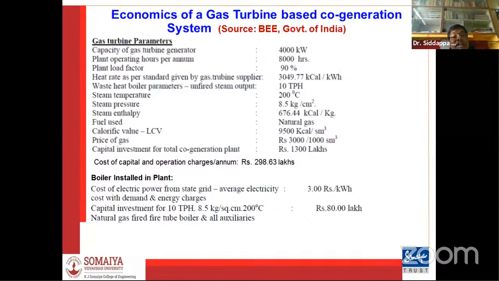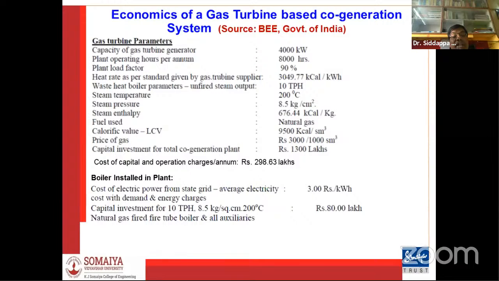Then he has given the boiler data and the cost of electrical power from the state grid. If you are not going to use the cogeneration plant and are going to buy the power, the grid is charging you 3 rupees per kilowatt hour.